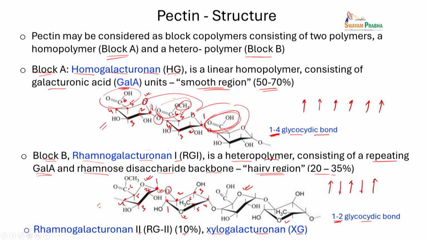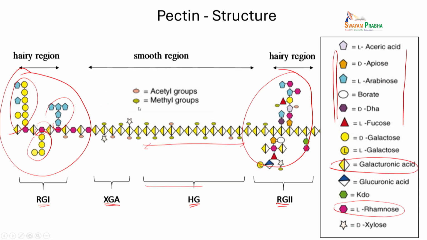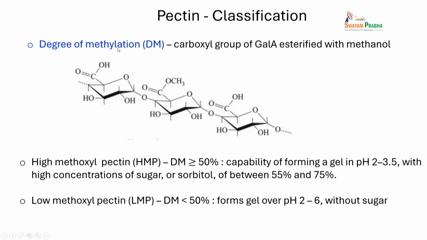Okay, so depending upon the total number of galacturonic acids, how many acids are esterified with methanol, that is what defines the degree of methylation. So the carboxylic group of galacturonic acid is esterified with methanol, giving you this kind of group.